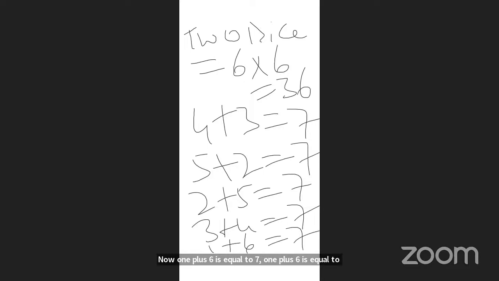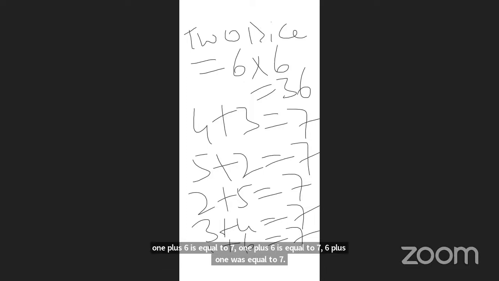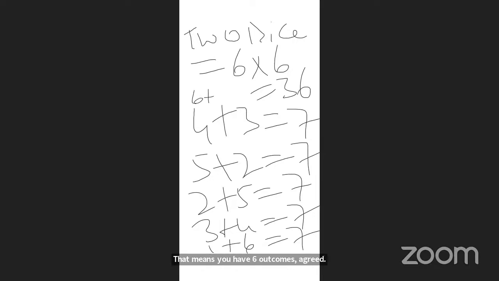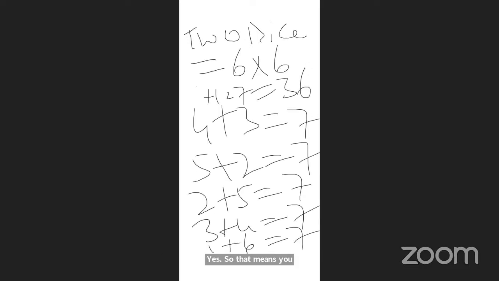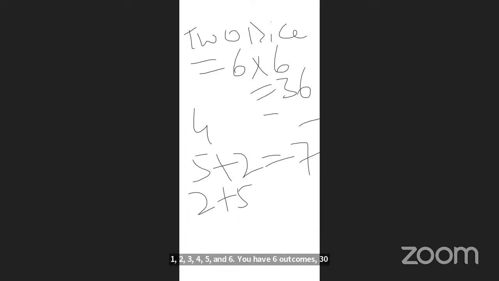That means you have 6 outcomes. Agreed? Have you agreed, girls? Yes? So you have 1, 2, 3, 4, 5, and 6. You have 6 outcomes out of 36.